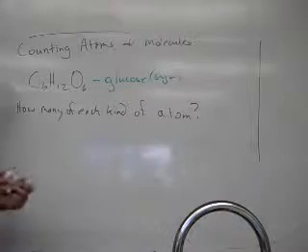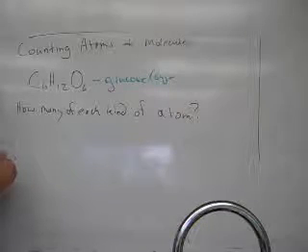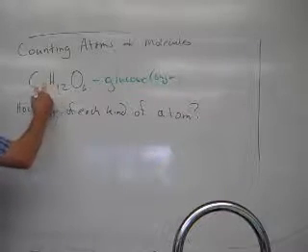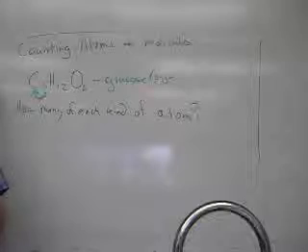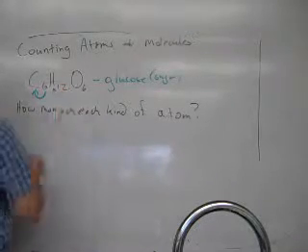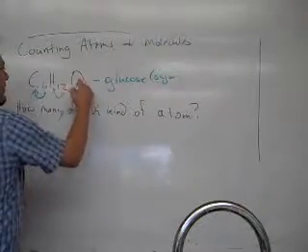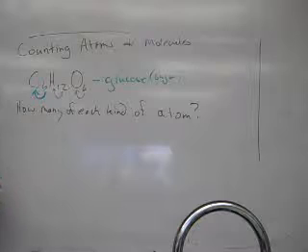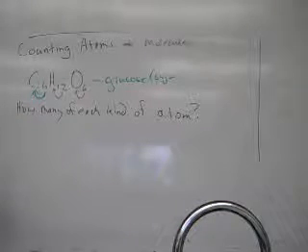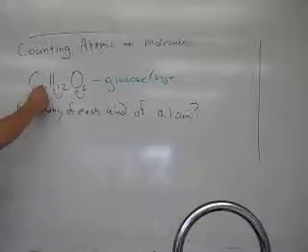Okay, without going into it too much, this is sugar, and what you do is that each number or subscript relates to the atom, the element just to its left. And so if we were going to count how many of these there are, you always do it like this.